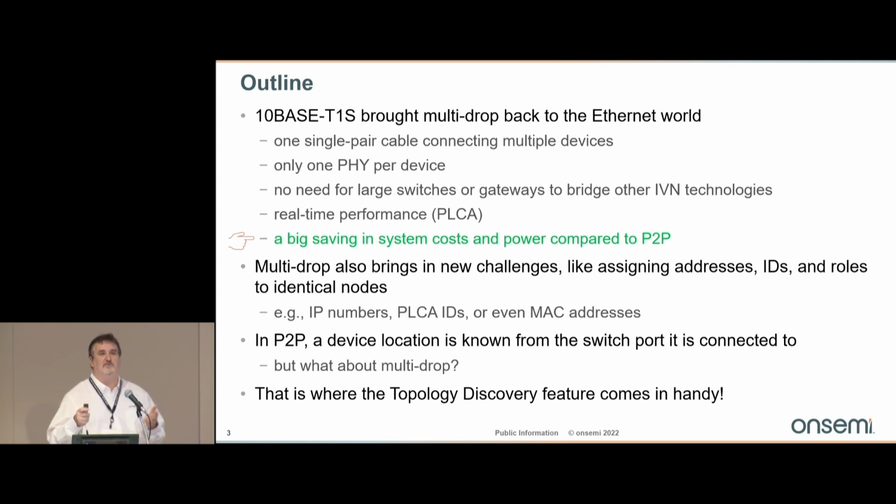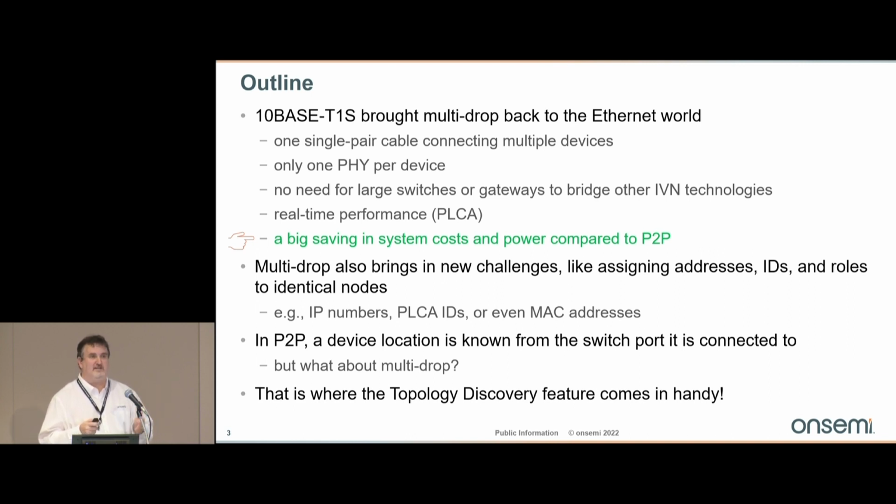However, the rise of automotive Ethernet and Industry 4.0 drove the need for, as we have seen in the presentations before mine, full IP networks and service-oriented architectures, which push Ethernet further down to the edge of the network, for instance, where your sensors and actuators are located.